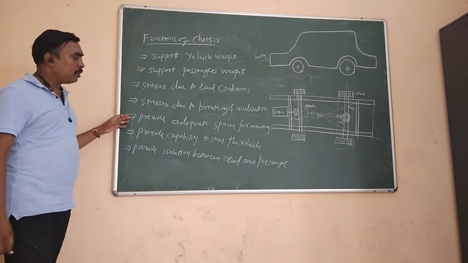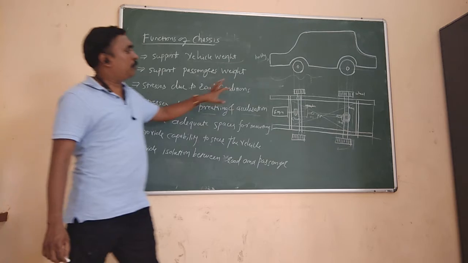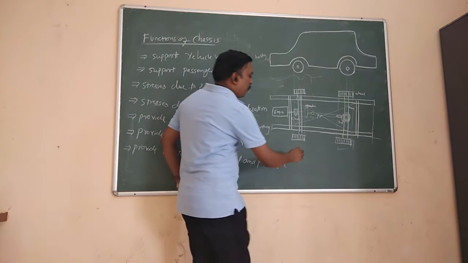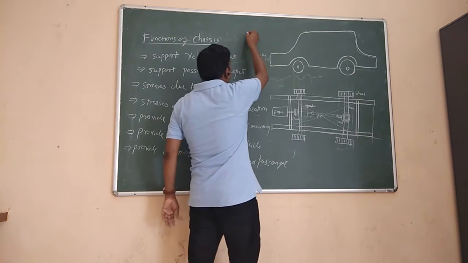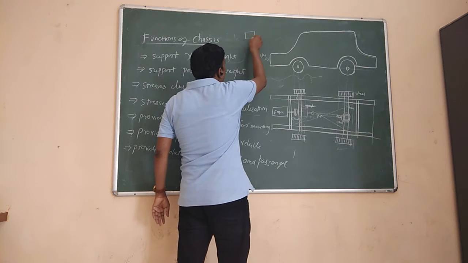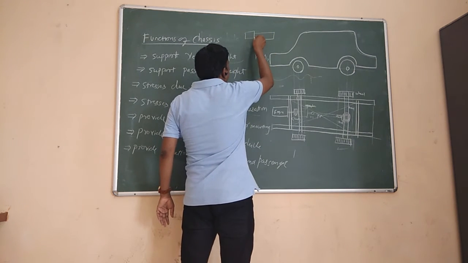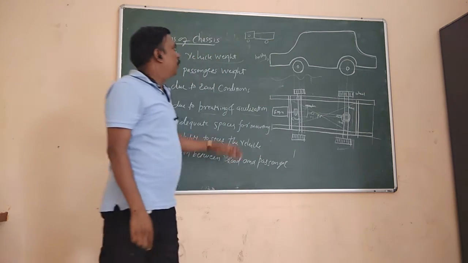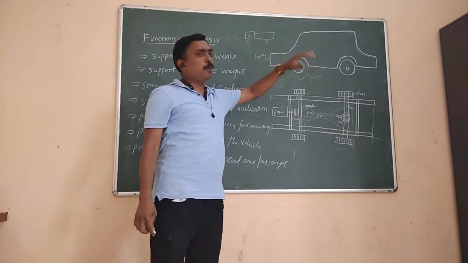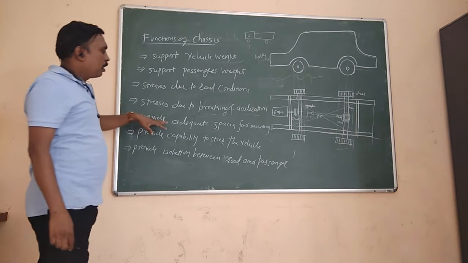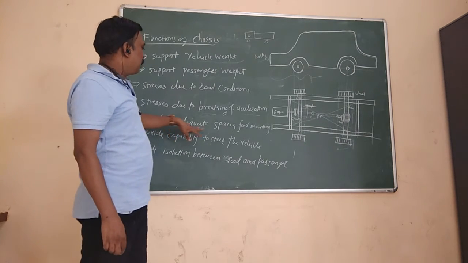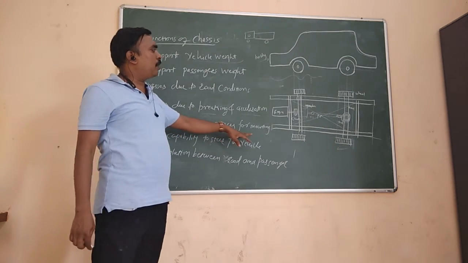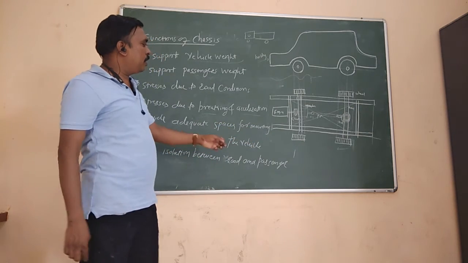Then we should have sufficient space. If you think about a vehicle like a goods vehicle, we need to provide sufficient space on the chassis for carrying goods, and space for the mountings, because there are so many things here.